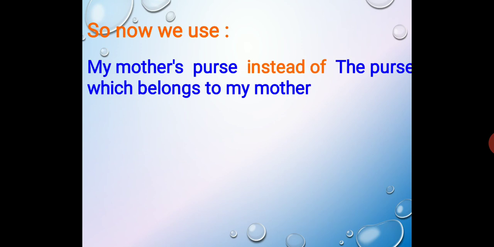And what are the changes? Now we use my mother's purse instead of the purse which belongs to my mother. So in the paragraph, whenever the set of words the purse which belongs to my mother comes, we use my mother's purse.